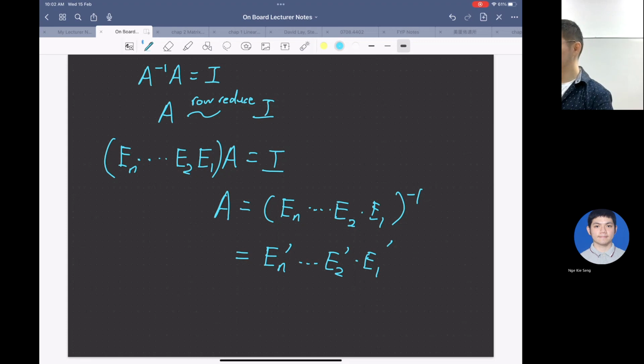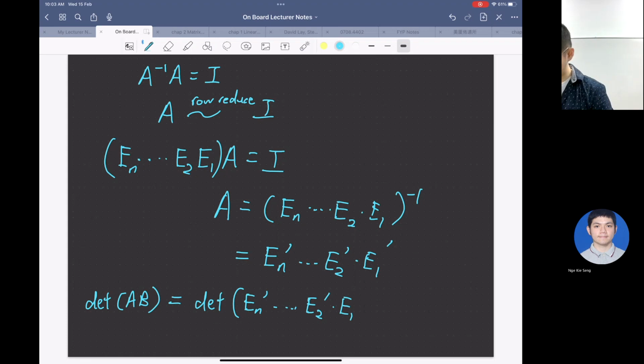Should be good now. So what is the determinant of AB? The determinant of AB is equal to the determinant of E_n prime, dot E_2 prime, dot E_1 prime, and B. But we know that we can split off all the elementary matrices because the determinant is multiplicative on elementary matrices.